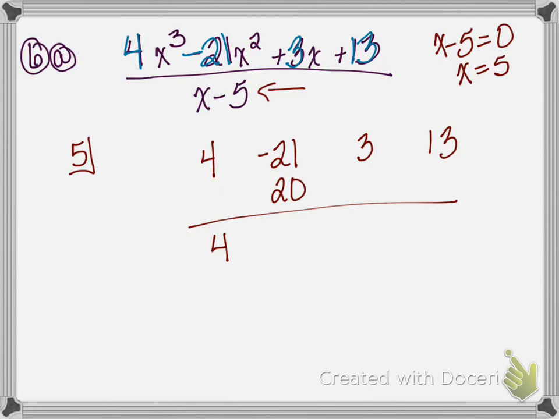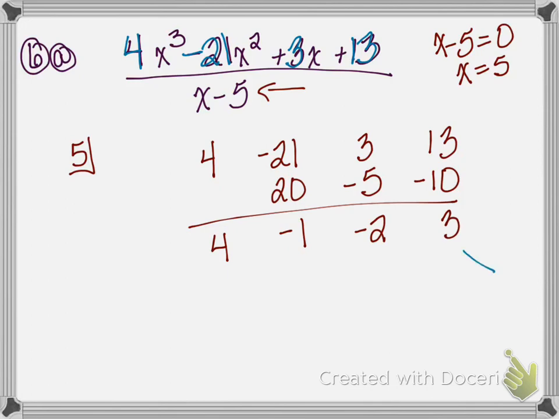Negative 21 plus 20 is negative 1. 5 times negative 1 is negative 5. 3 and negative 5 is negative 2. 5 times negative 2 is negative 10. 13 plus negative 10 is positive 3.